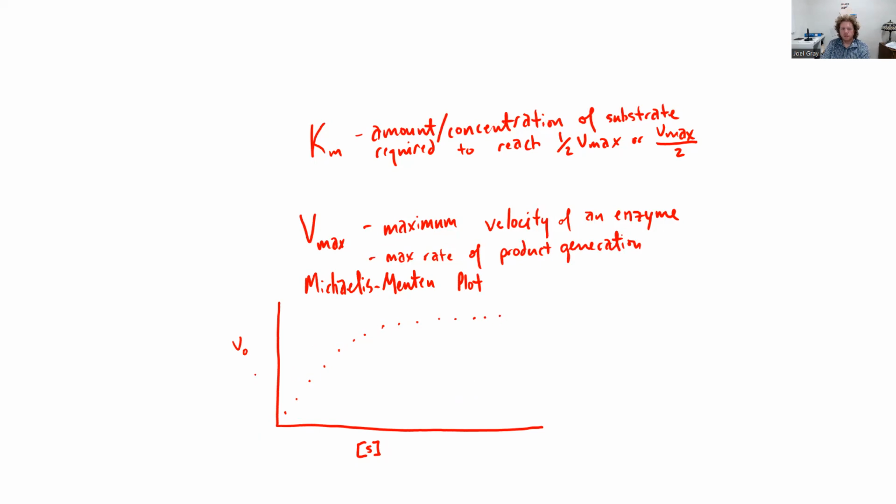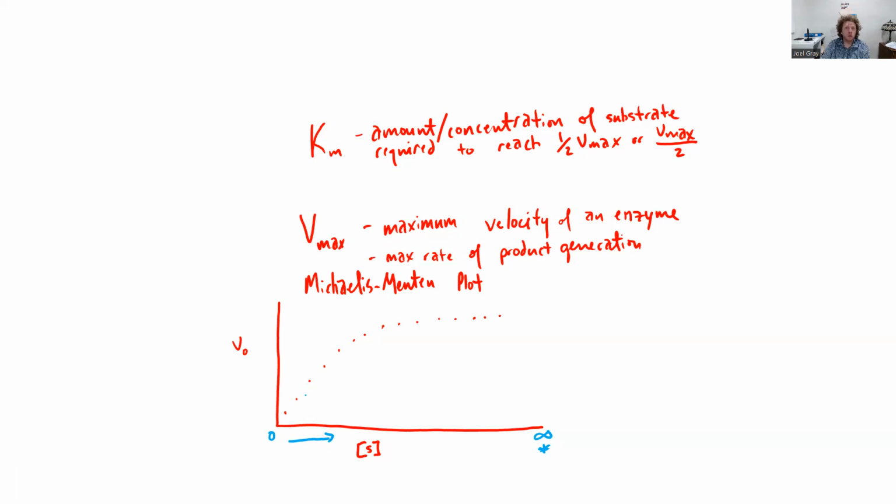What you can see here is that as your substrate concentration increases, as you move in this graph from the left to the right, from the origin to this side where I put an infinity or a star, what happens to the data on your y-axis?